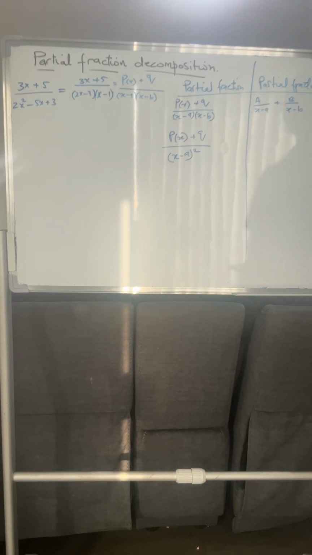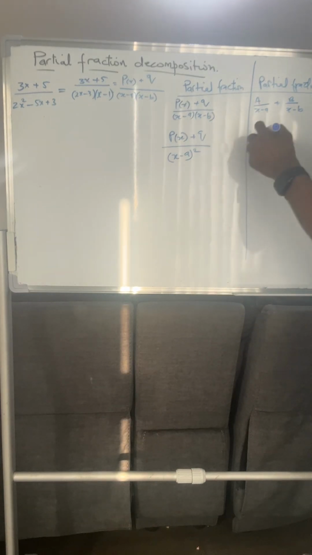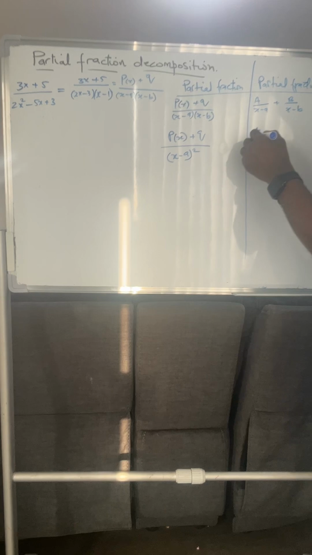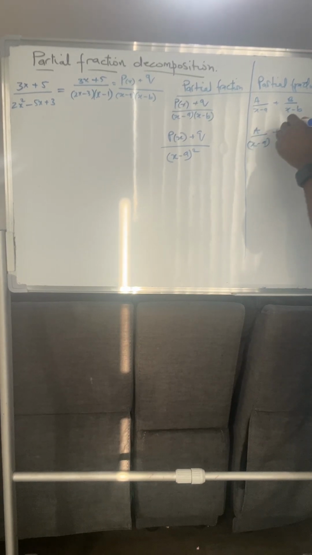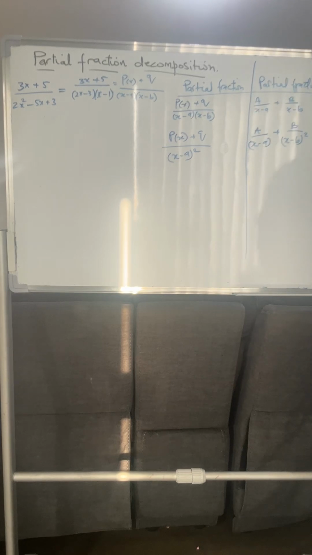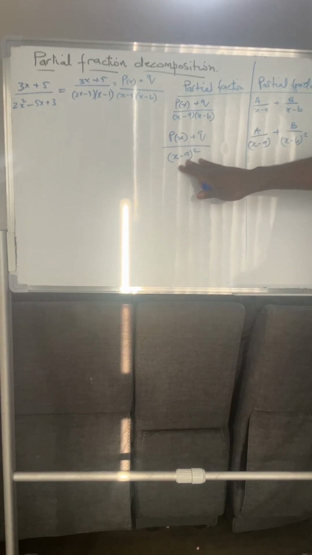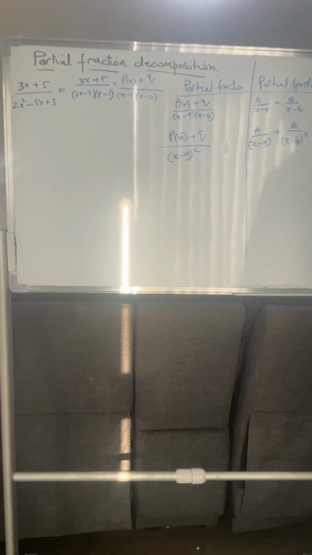In this case, you will get a all over x minus a plus b all over x minus a squared. This is what you get. When you decompose this, you will get it this way. Then you will solve for a and b.